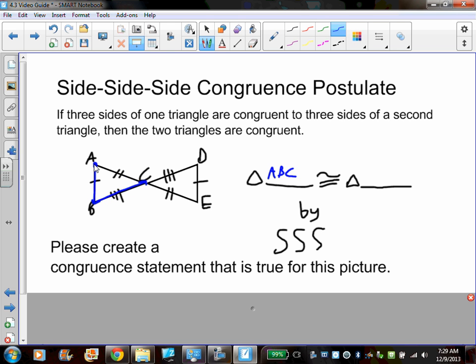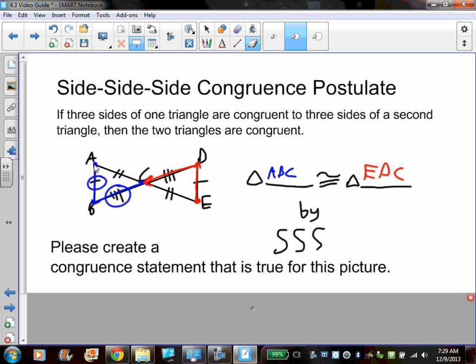That's how we're naming it. Notice that we went through the 1 followed by the 3. If we want to do the same thing in the other triangle, we're going to have to start at E, go up to D, and then go through C. So ABC ends up matching up with triangle EDC.